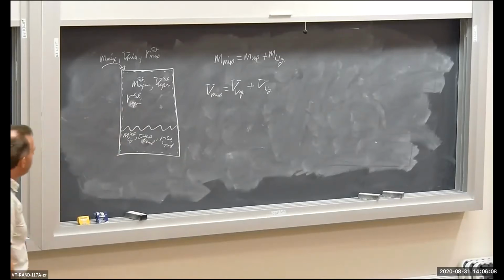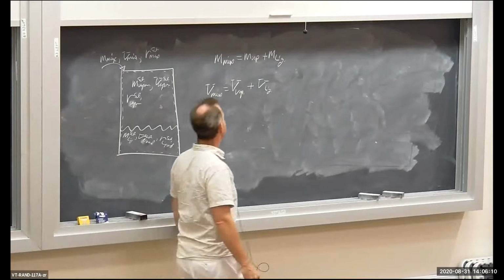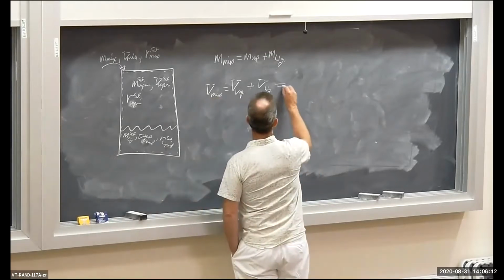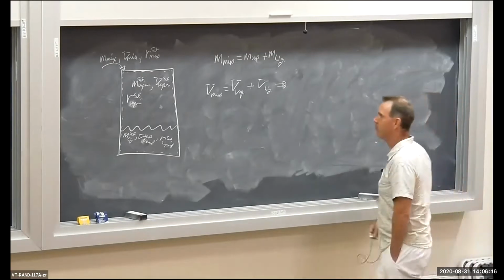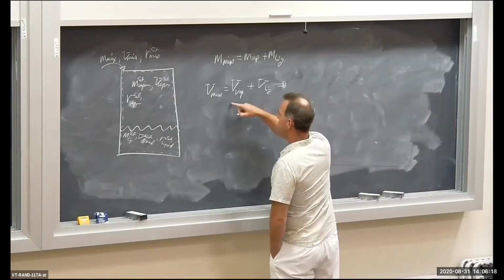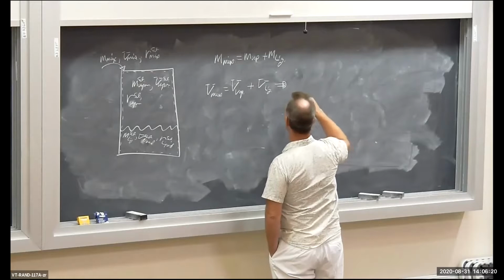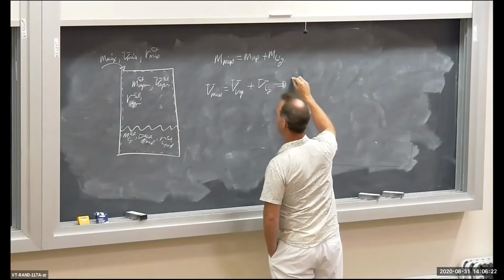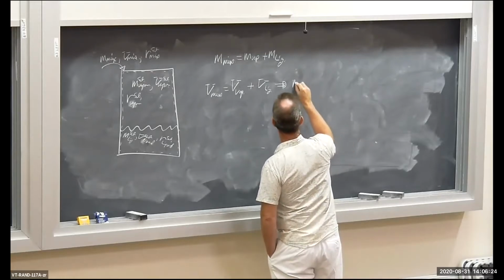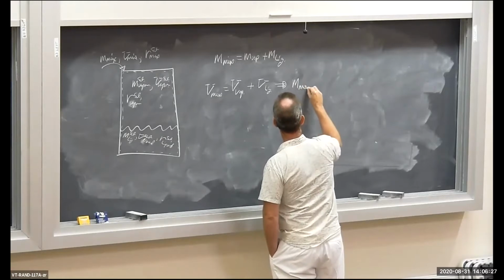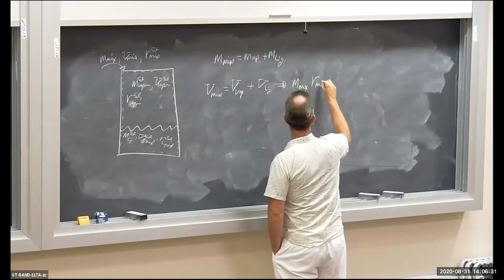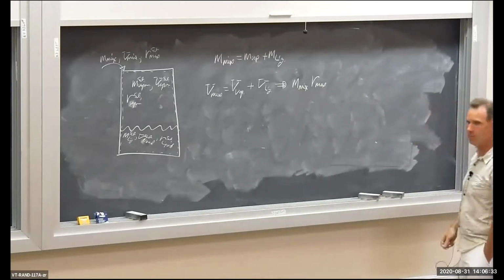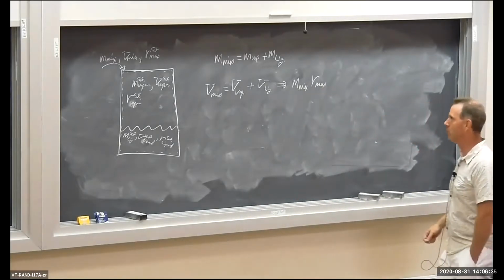All right, let me rewrite this equation in terms of masses and specific volumes. The volume of my saturated mixture is equal to the mass of the mixture times the specific volume of the saturated mixture. Specific volume times mass gives you volume.